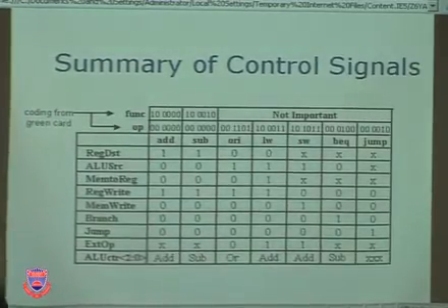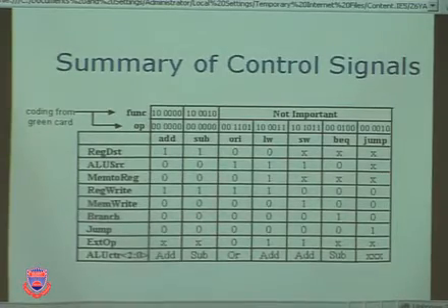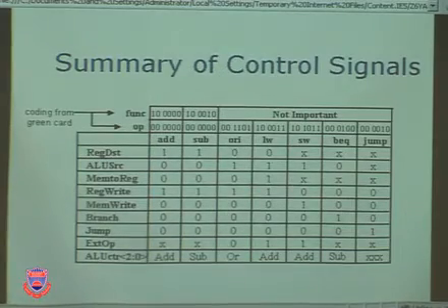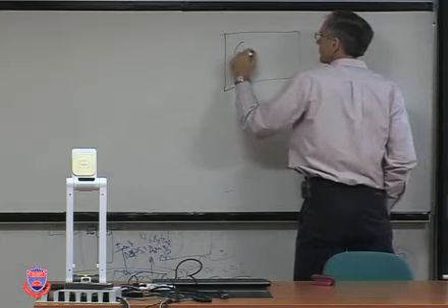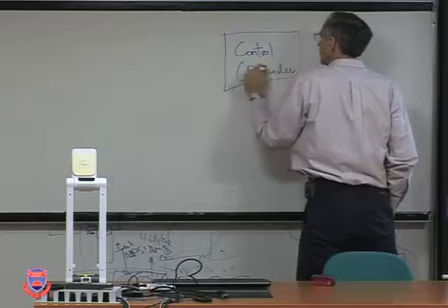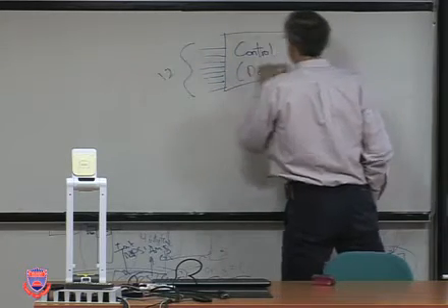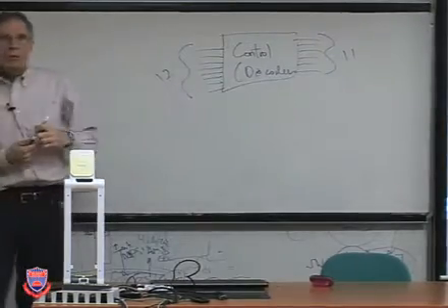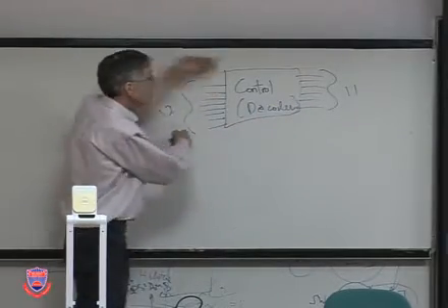So basically, we could imagine that our solution is a combinational circuitry with 12 inputs and 11 outputs.